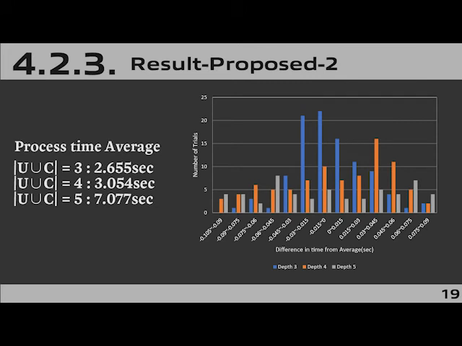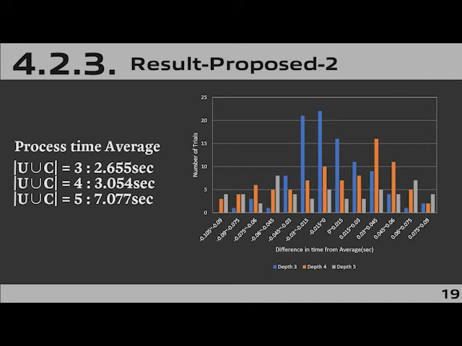Finally, we show the result for proposed 2. The average execution time is 2.6 to 7 seconds. This is because request processing is performed multiple times when the number of generated content names exceeds 15.